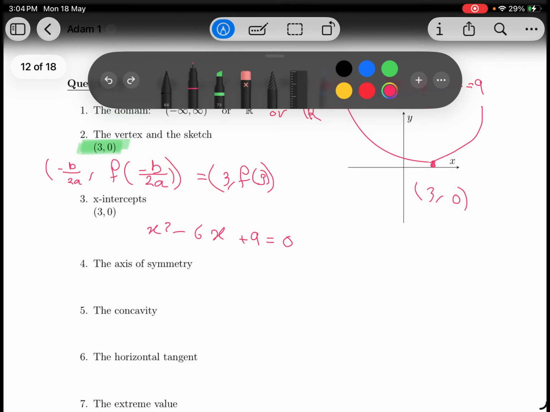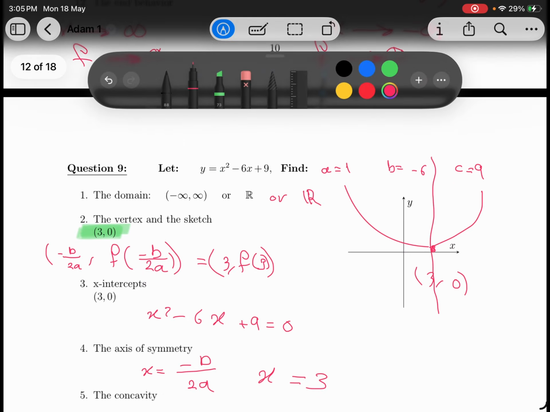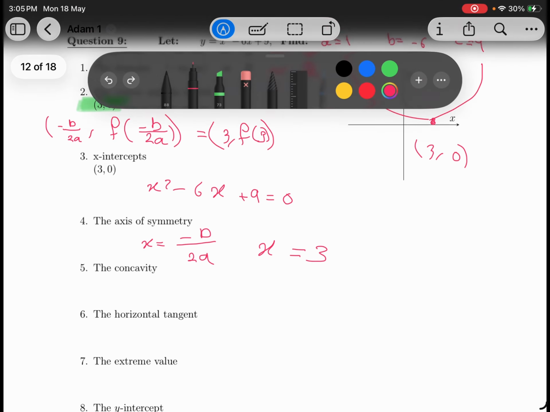And the axis of symmetry here, x equals minus b over 2a, which is 3, the x-coordinate of the vertex. So it is indeed like this, minus b over 2a, which is here x equals 3. It's obvious that this vertical line passes through the vertex and will split this parabola into two identical parts.